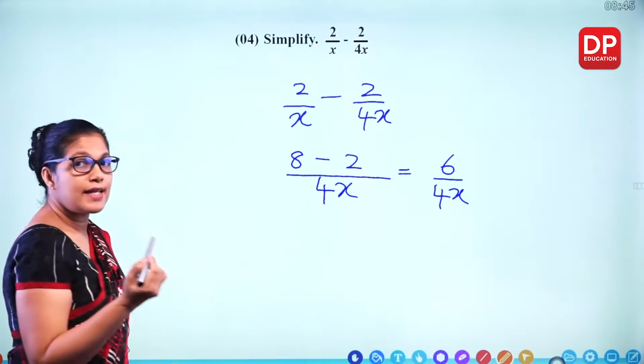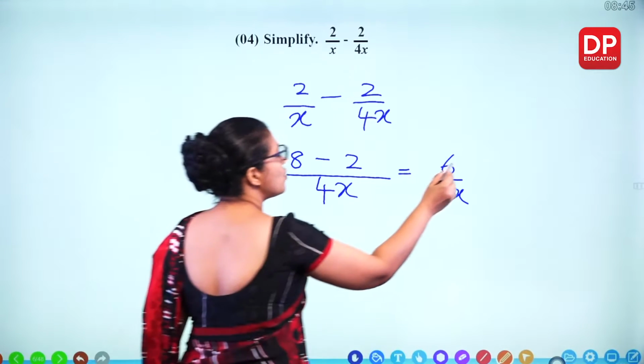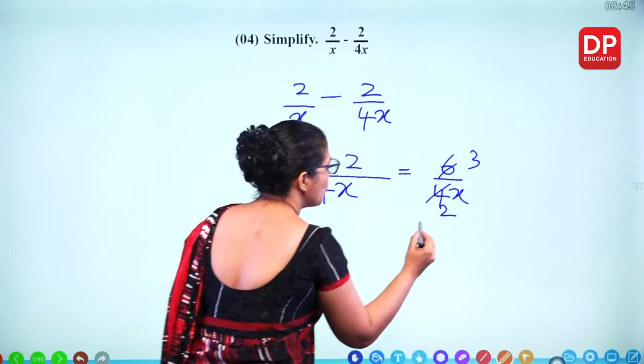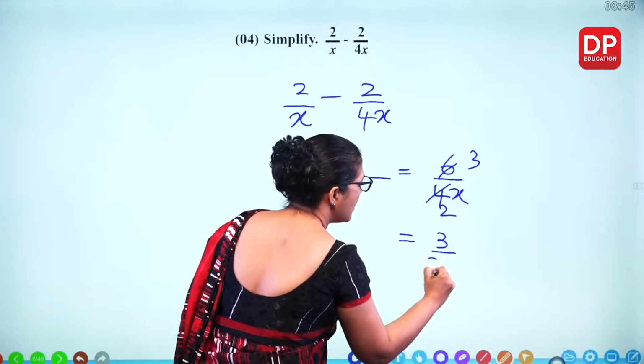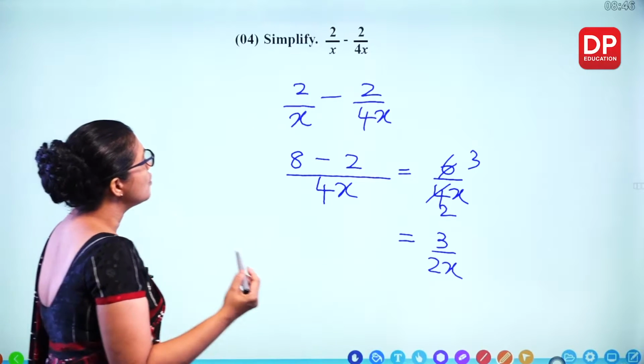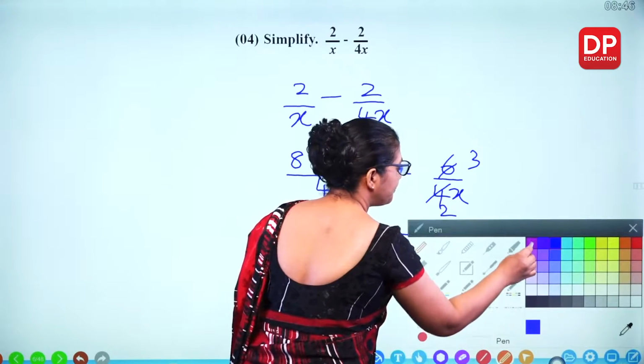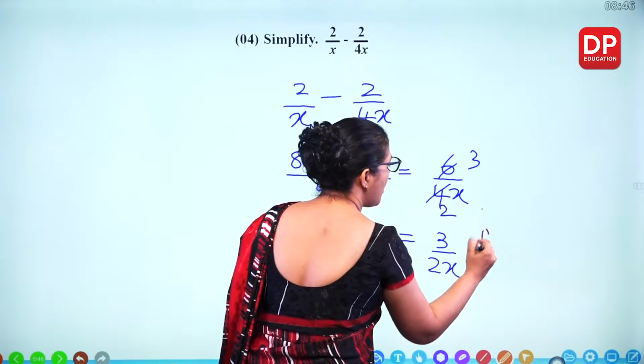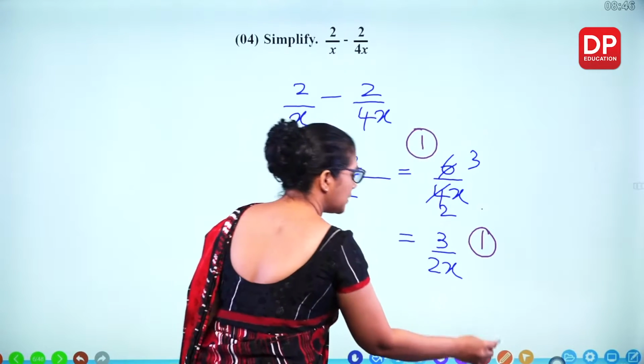We can simplify. Divide this by 2. 2 times 3, 2 times 2. So the answer is 3 over 2x. So 2 marks for that. 1 mark, 1 mark.